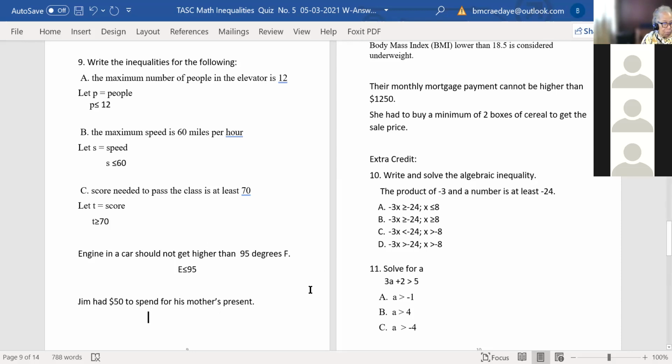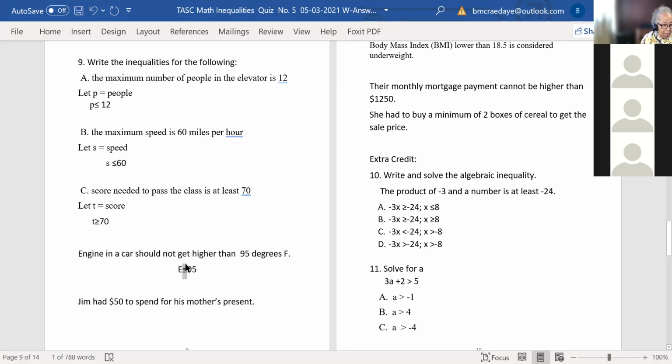Greater than or equal to, or less than or equal to? Less than or equal, right? Yeah. So less than or equal, because he could spend the whole $50.